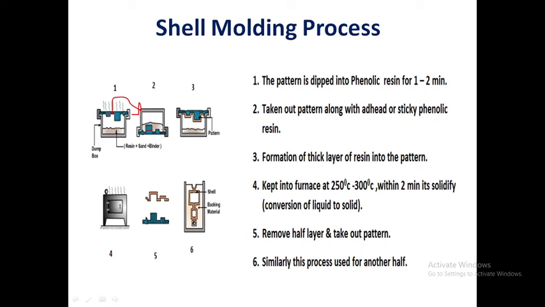In the second step, the pattern and sand are inverted, so the excess sand drops free of the pattern, leaving just the shell. Depending on the time and temperature of the pattern, the thickness of the shell is 10 to 20 mm. Here the pattern and shell together are placed in an oven to finish curing the sand.